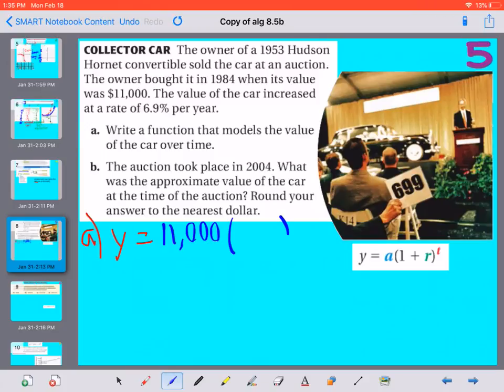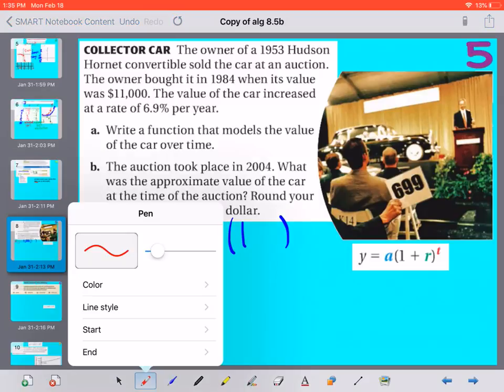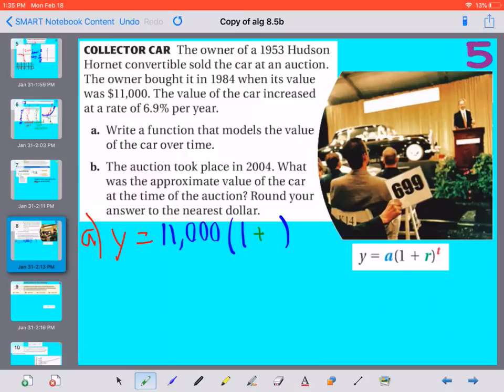Then we've got to look at what's in the parentheses. We know we have 1 plus our rate. It's increasing at a rate of 6.9 percent per year. Now this is a percent, and we want to write it as a decimal.